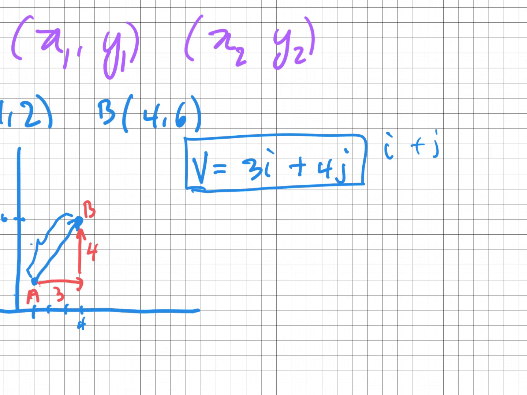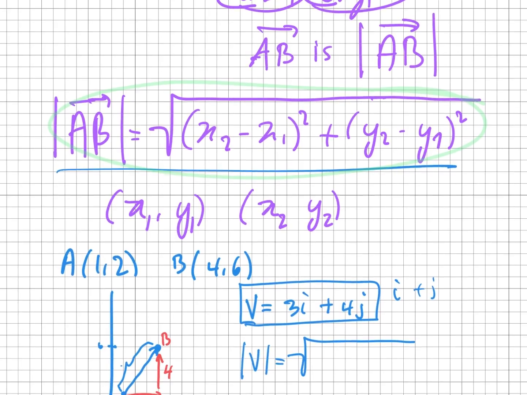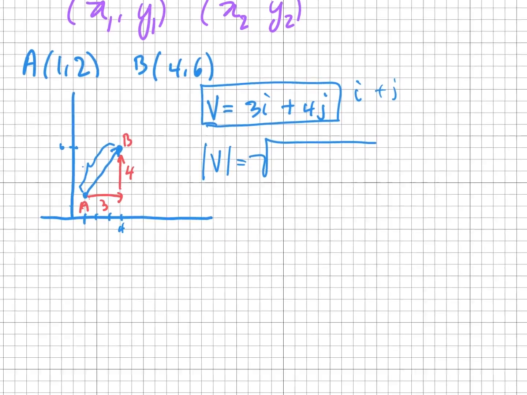Because the magnitude of this is going to be the square root, something like this. However, I'm going to simplify my x2, x1 and y1, y2. It looks this way.